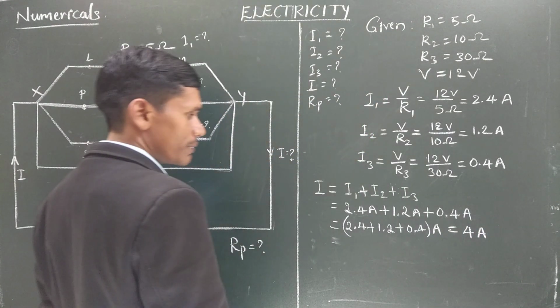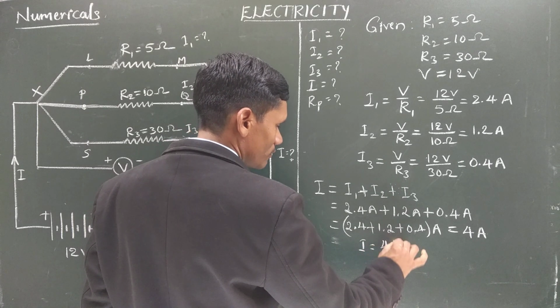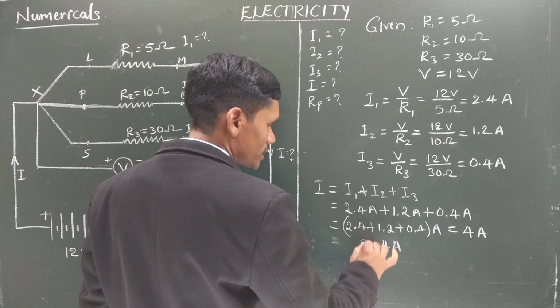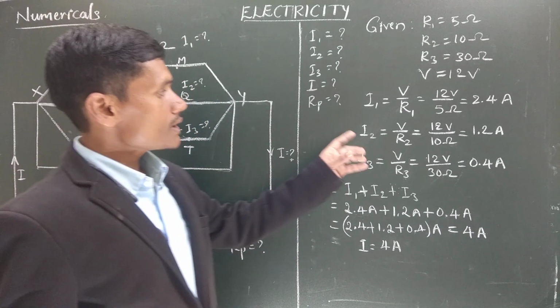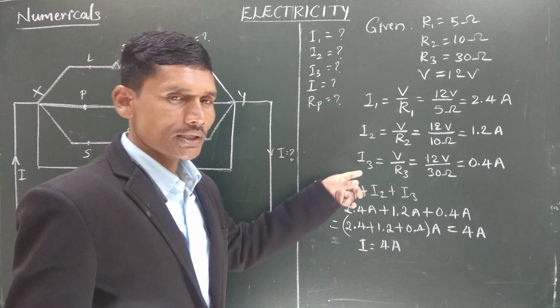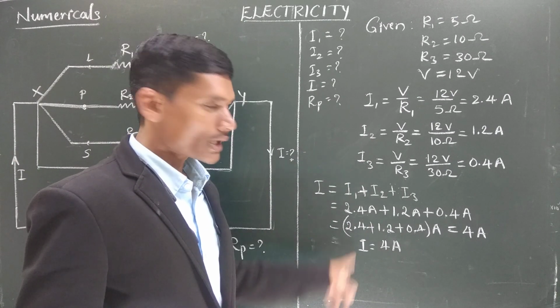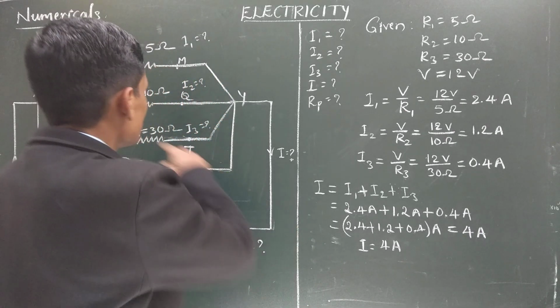So I is equal to 4 ampere. This is the total current in the entire circuit, and these are the currents through each resistor R1, R2, R3.